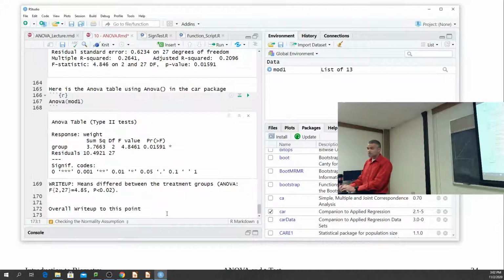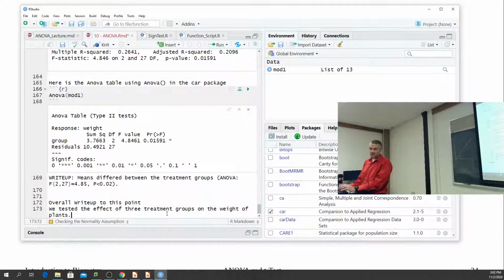Our overall write-up to this point lays out what we want to do. We tested the effect of 3 treatment groups on the weight of plants. I don't know what plants; you can look up the PlantGrowth help file to see what they did.